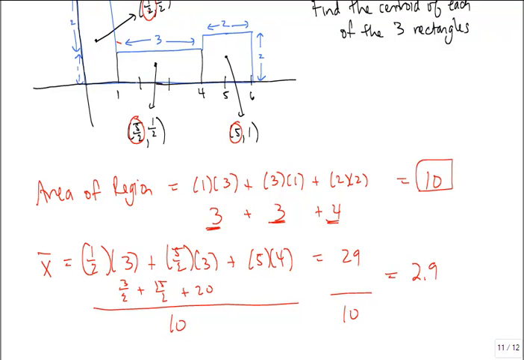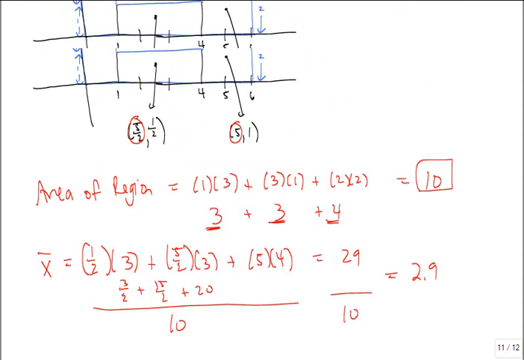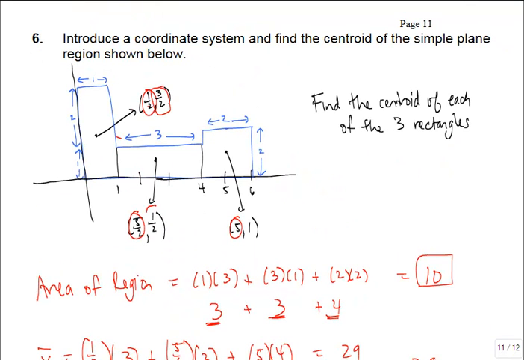Okay, so let's repeat that process for y bar. Y bar is going to do the same thing. It's going to take the y coordinates of all three of these points, and multiply each of those by its corresponding area. We're going to add all that up, and then we're going to divide by the total area.